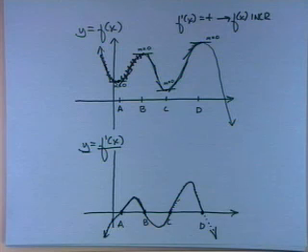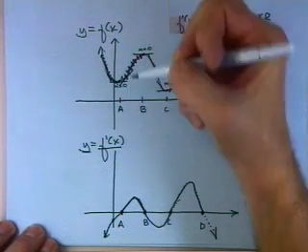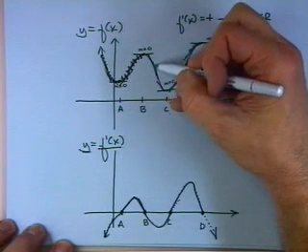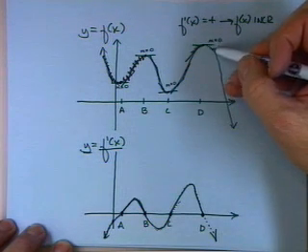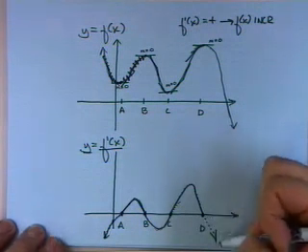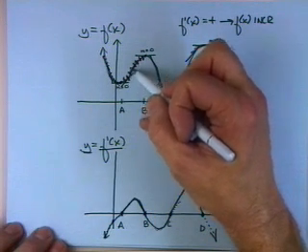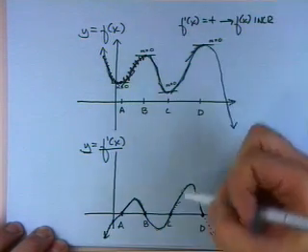The next thing I check is where the original function was decreasing. My derivative graph should be negative. That works. From B to C, it's decreasing. This is negative. From D and beyond, it's decreasing. That should be negative. And in like manner, check with where the function is increasing. From A to B, it should be positive. From C to D, it should be positive.